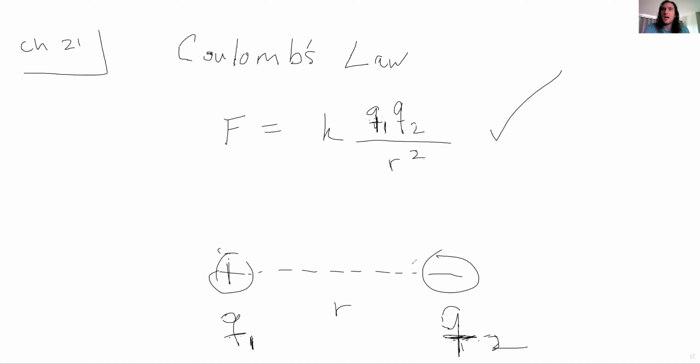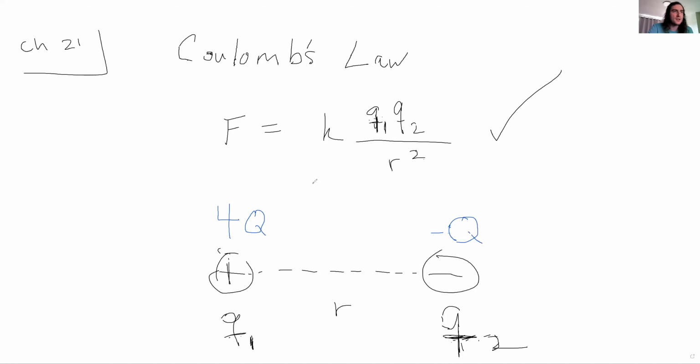All right, so what are some types of problems we might come across with Coulomb's law? Okay, one example of a problem we might come across is if we were to say, okay, this charge here is 4 times as big as this charge. Oh, I meant to write Q here.